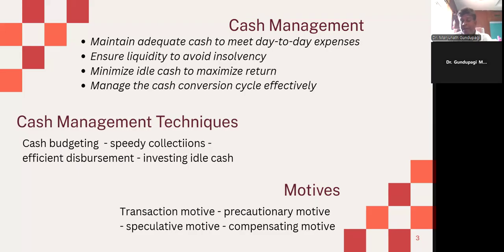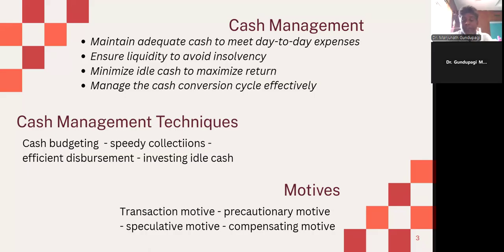And we have certain techniques to manage cash. The first and foremost is cash budgeting, forecasting the cash inflows and outflows to anticipate any surpluses or deficits. Speedy collection, where we can reduce the collection period.